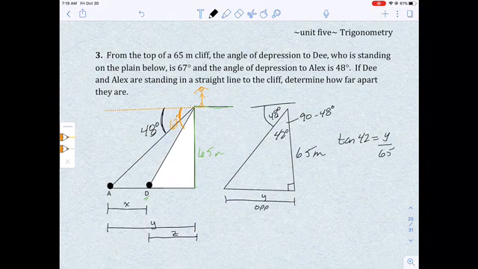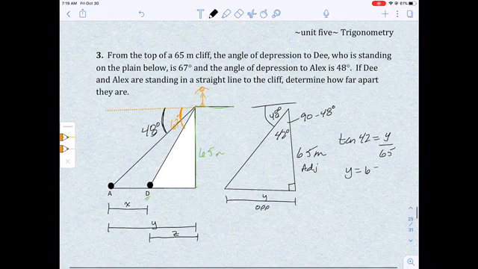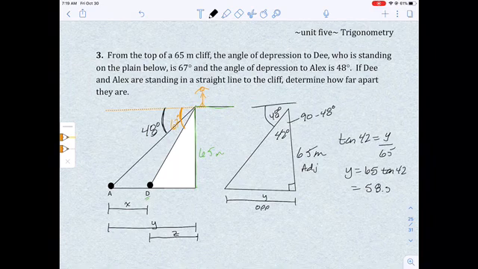This is our opposite, and this is our adjacent. So 65 times tan of 42, which would be 58.5 meters. Okay, so y is 58.5.